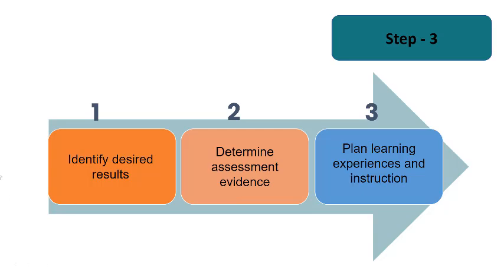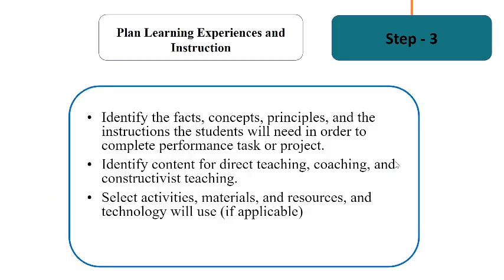Okay, so now we have finished with step 1 and step 2. Now we are moving to step 3, which is plan learning experiences and instruction. Here you need to identify the facts, concepts, knowledge, or content students will need to understand and learn in order to complete the performance task or the project for their online course.